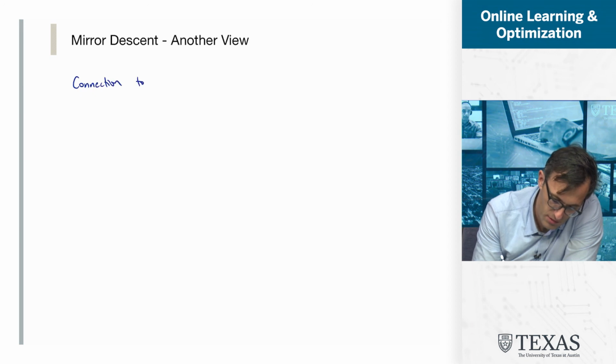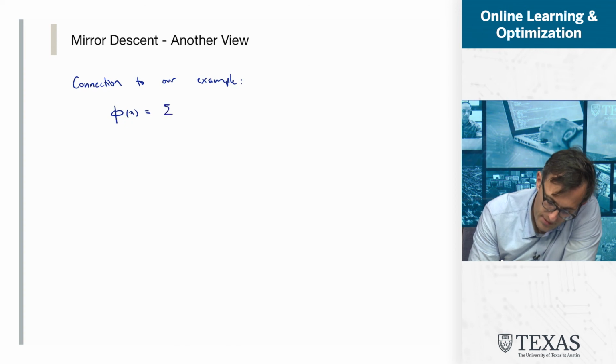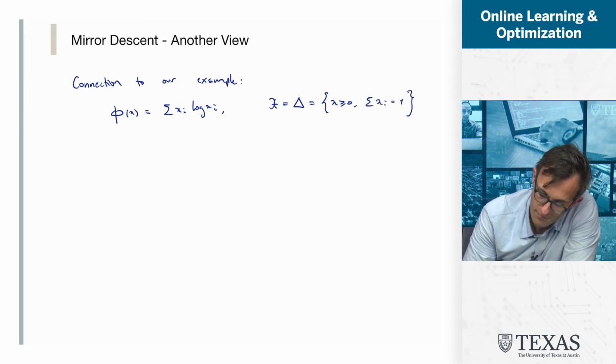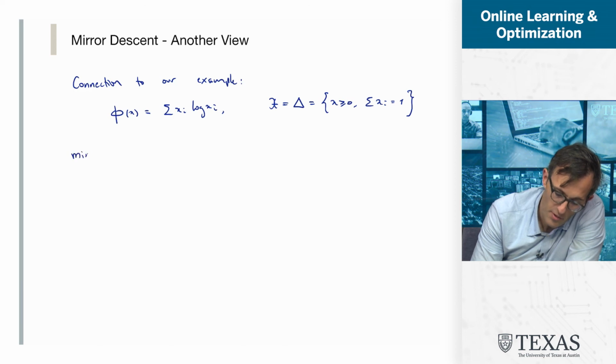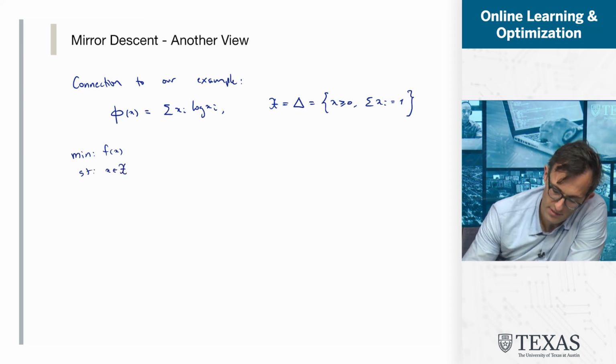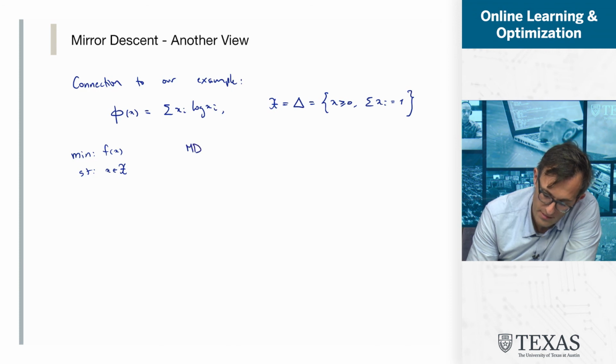So the connection to our example, where phi of x was equal to the sum of xi log xi, and X was the simplex, which is the non-negative x that sum to 1, then using mirror descent to minimize a function f of x subject to x in X, what we found is that our mirror descent update looks as follows.